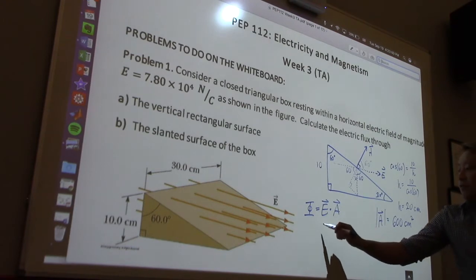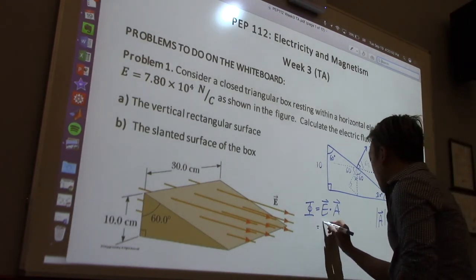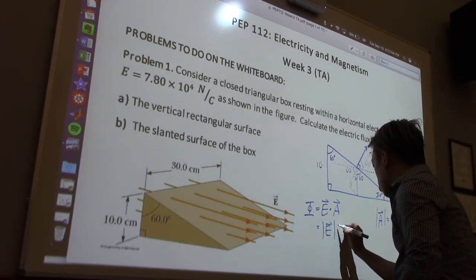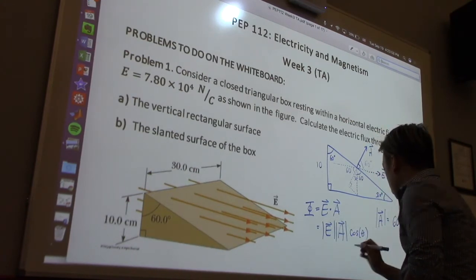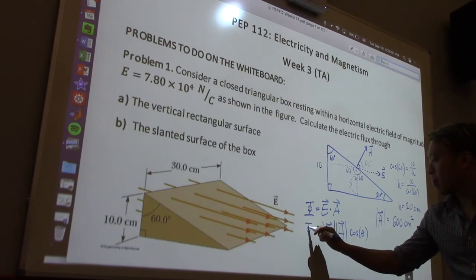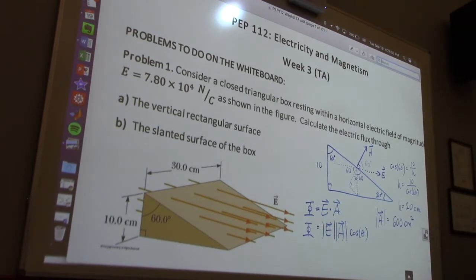And to write that out, as much as some of you guys are probably like, yes, it's the magnitude E times the magnitude A times the cosine of the angle between those two vectors. And that's how to get the angle, you break down the geometry. To get the area, you just do your geometry again and define the area.